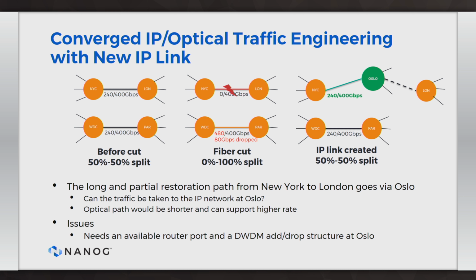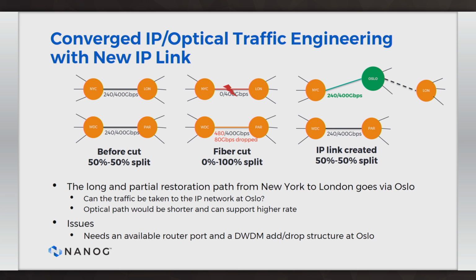So now the distance is much shorter, right? As a result, the line rate that the optical network will support will be much higher. And as a matter of fact, for the sake of example, if it is 400 gigabits per second, you can do your 50-50 split, and then you bring the traffic to Oslo.